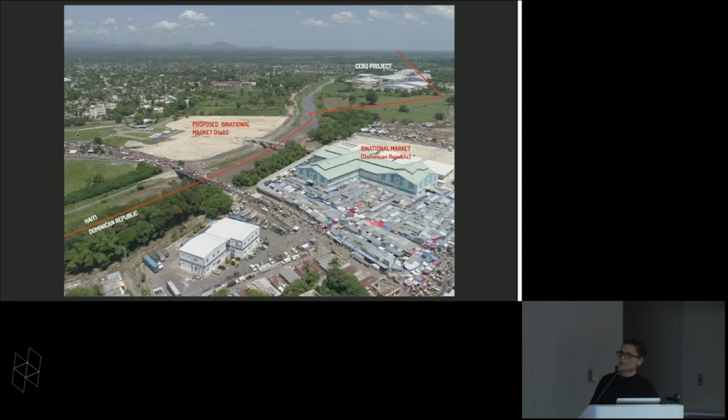This is the existing binational market. They're building really fast after we started the binational market on the Haitian side. Both of these have been funded by the European Union. And if you want to know a number for this building, it's going to be $45 million. So in this size, there is money, 45 million euros, sorry.